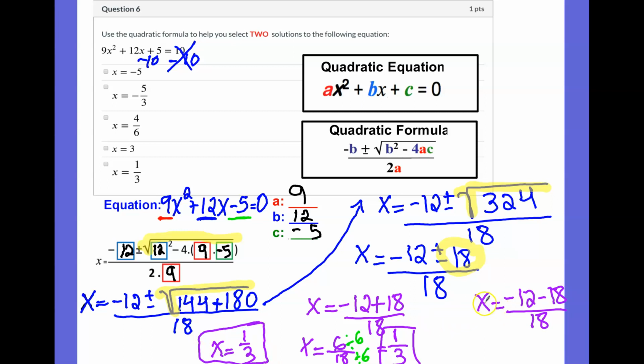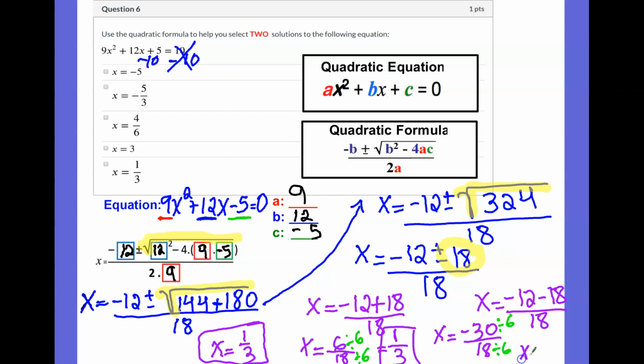So now I have x equals -12 minus 18, and that will give me x equals -30 divided by 18. So I also need to simplify. I know 6 is a factor of 30 and 6 is a factor of 18. So I will simplify, divide by 6, divided by 6.